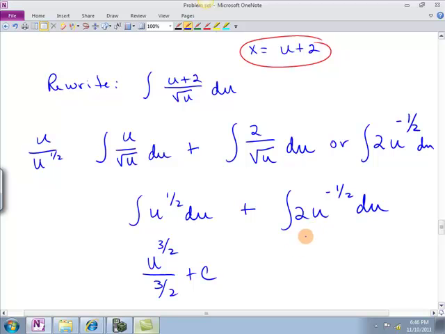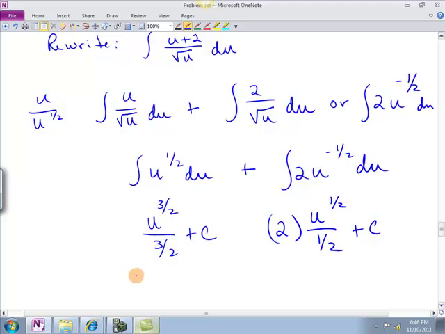What's the integral of this? 2 u to the 1/2 over 1/2 plus c. Okay, so what's this one? We got 2/3 u to the 3/2 plus c plus, what happens here? 4 u to the 1/2 plus c, and now we're ready to substitute back in.